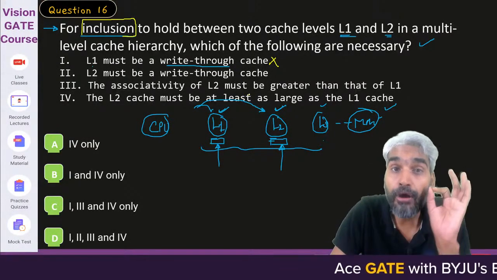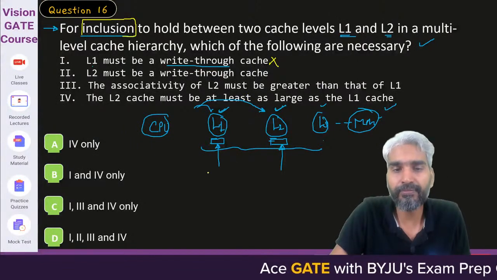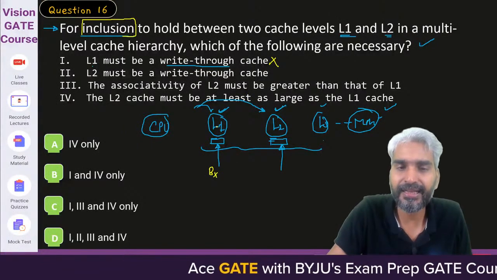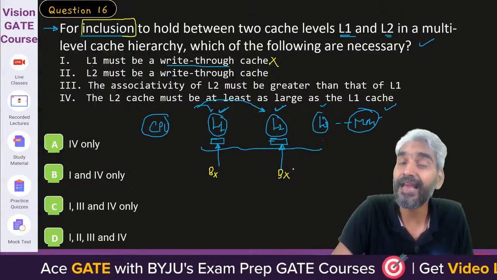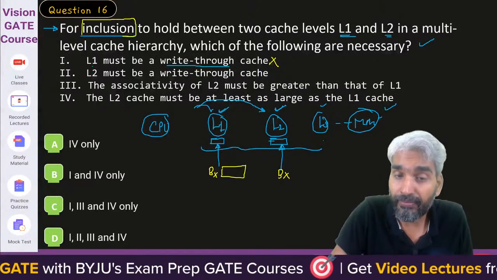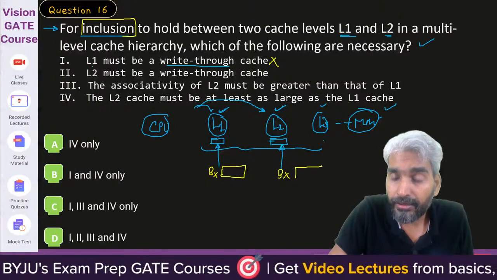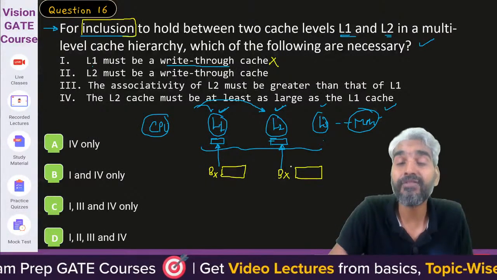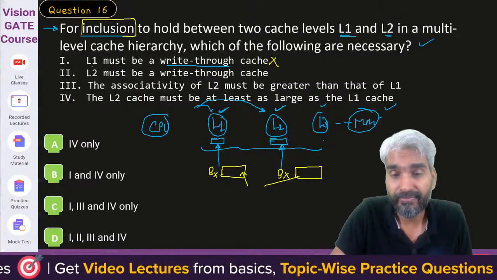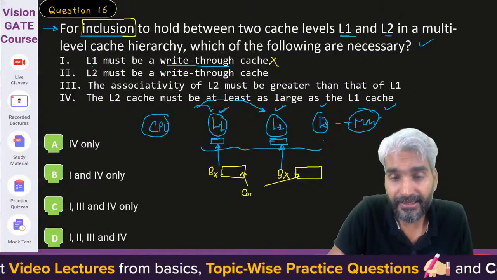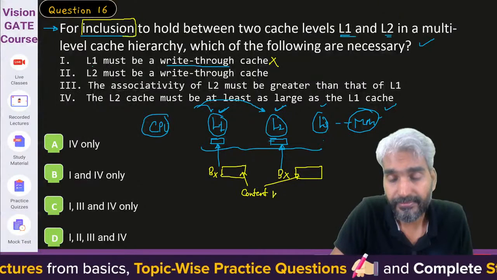The block number must be the same. If block Bx is present in L1, then block Bx must also be present in L2. The content of block Bx in level 1 and in level 2 need not be the same.